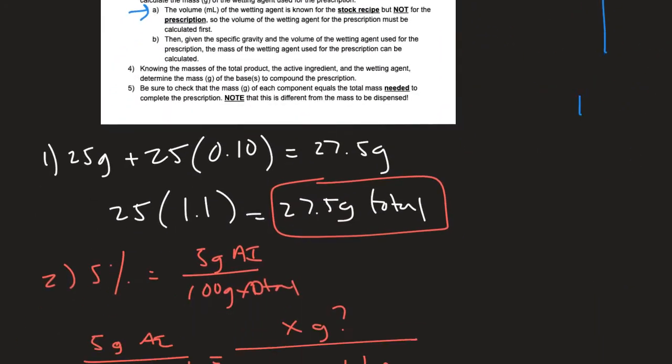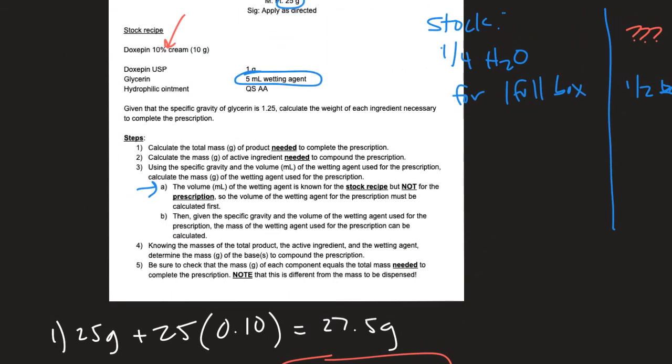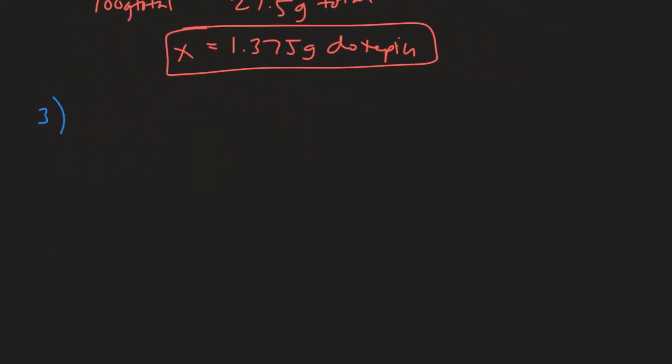So you can set up a ratio. How much should we use for the wetting agent? So 5 milliliters of wetting agent per 1 gram of Doxepin in the stock recipe. So 1 gram of Doxepin calls for 5 milliliters in the stock recipe. We know we're going to use 1.375 grams of Doxepin.